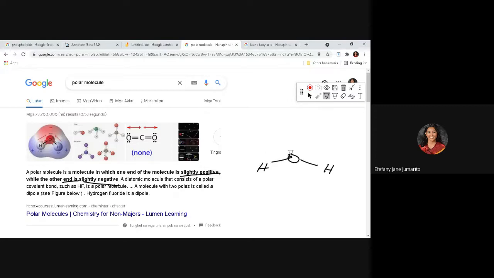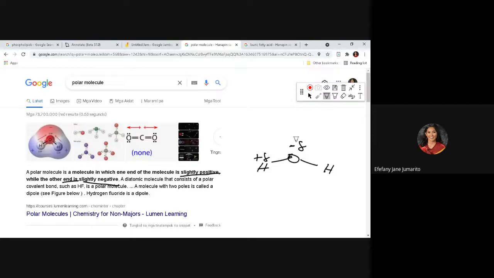Because our oxygen here is electronegative, meaning strong, it can attract many molecules, especially the H. So it's partially negative, and the H will be partially positive.